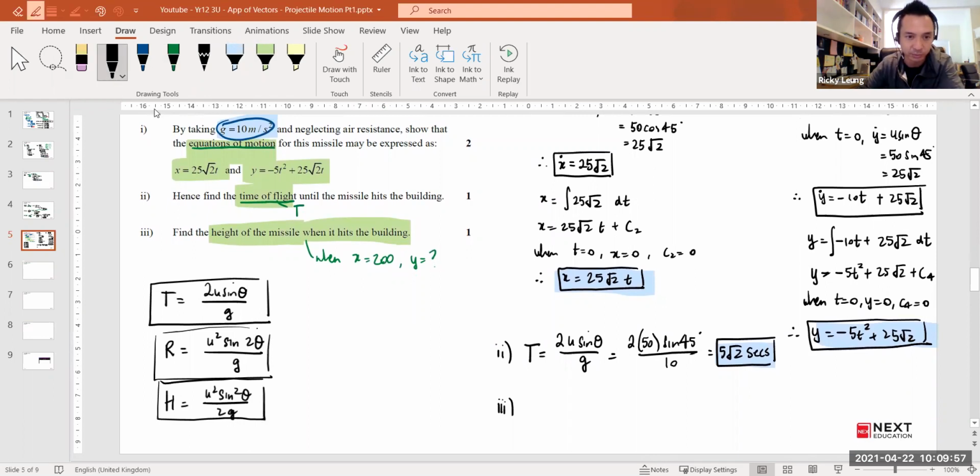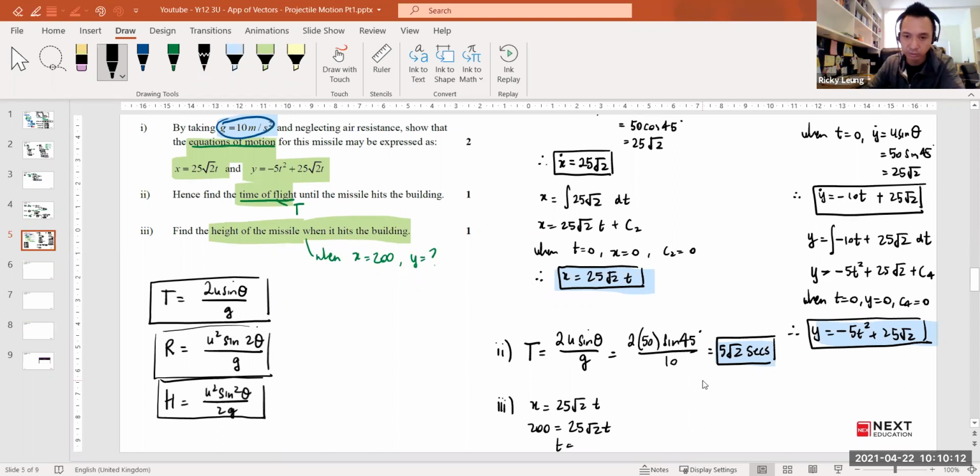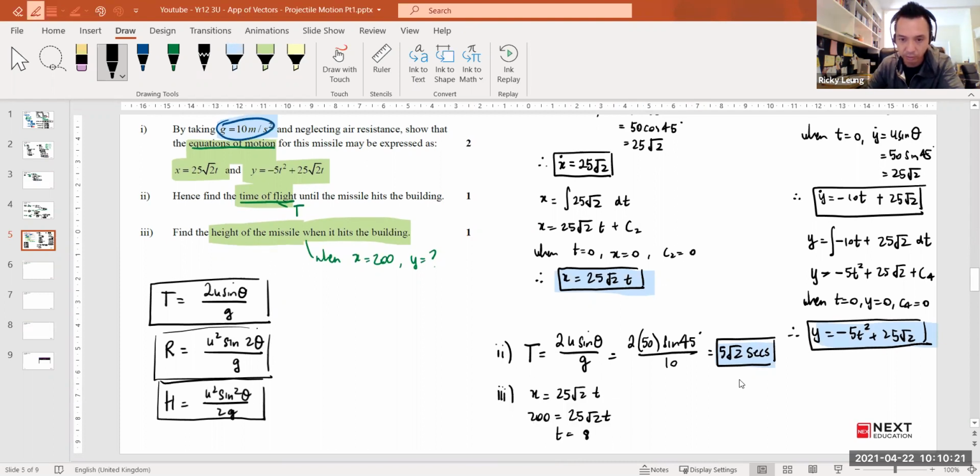So if x equals 25 root 2 t, I'm going to sub 200 in here. Yep, and I got t equals, what's 200 divided by 25? 8? Yeah, so it'll be 8 on root 2.